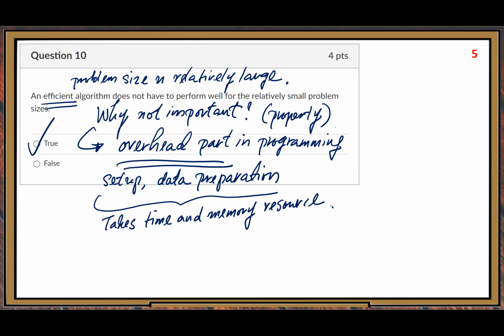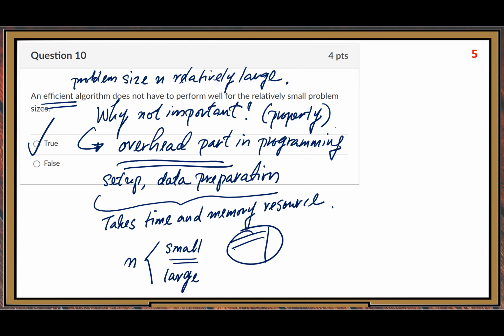Think about when the problem size n is small and when it is large. When the size is small, look at the total execution time you spend.